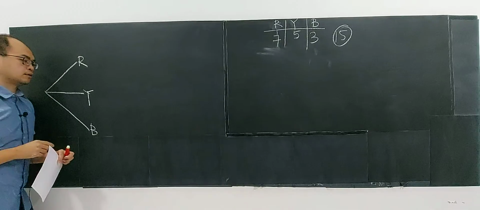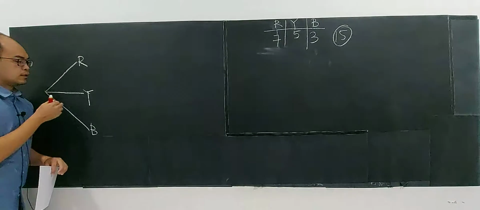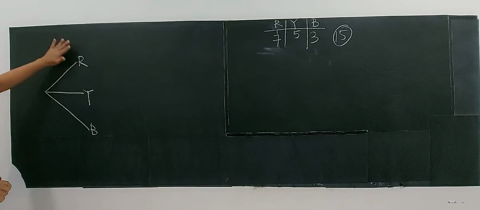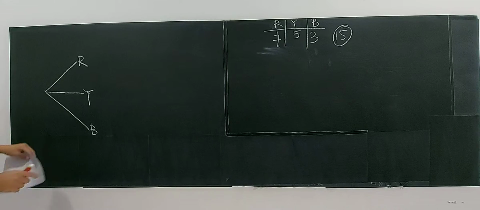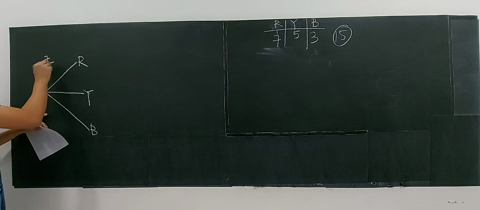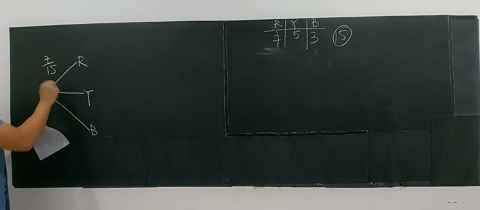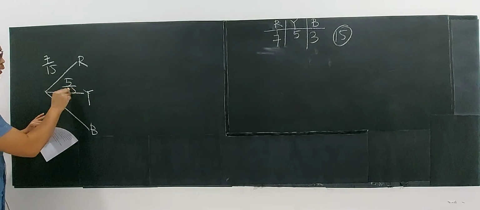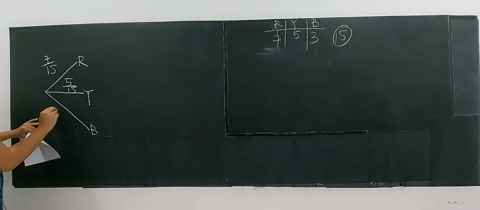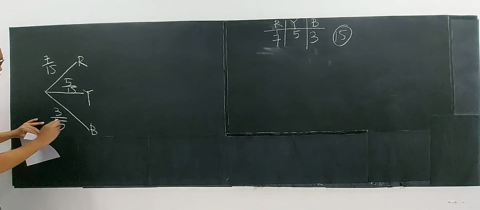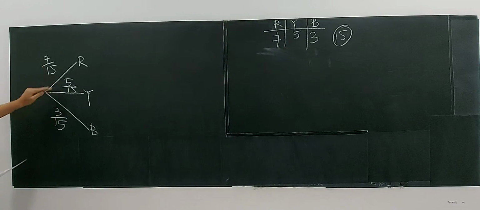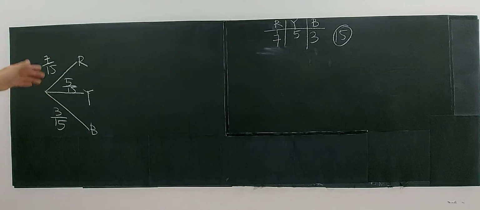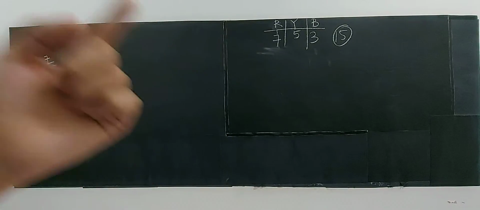So these 3 are actually mutually exclusive events, because either you choose red, which is 7 out of 15, or yellow, 5 out of 15, or blue, 3 out of 15. If you total up this probability, you are getting 1.